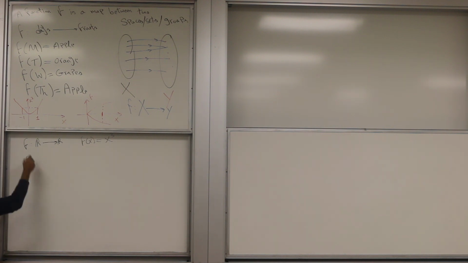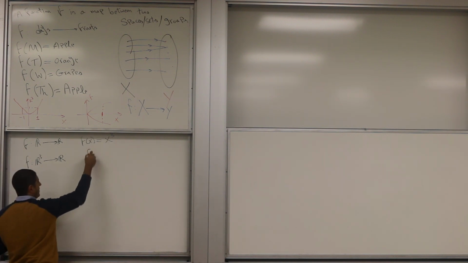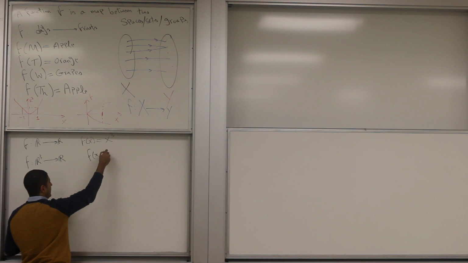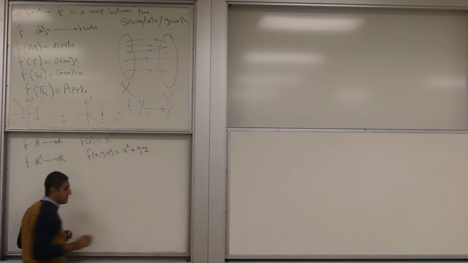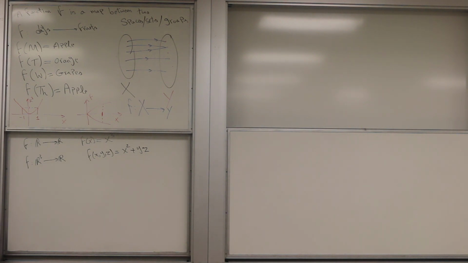Maybe f from R3 to R. So what's this? F takes 3 real values and gives you a number. Some example, f of x, y, and z is x squared plus yz, right? Okay?